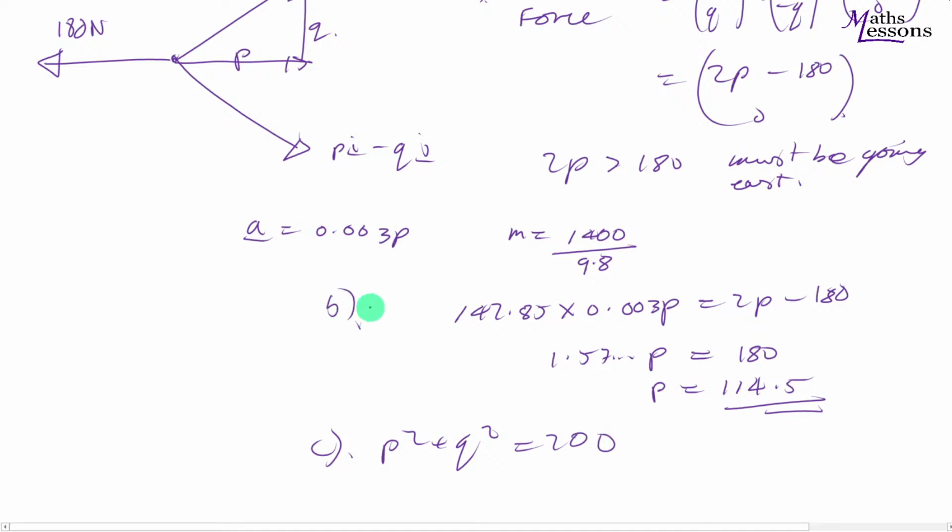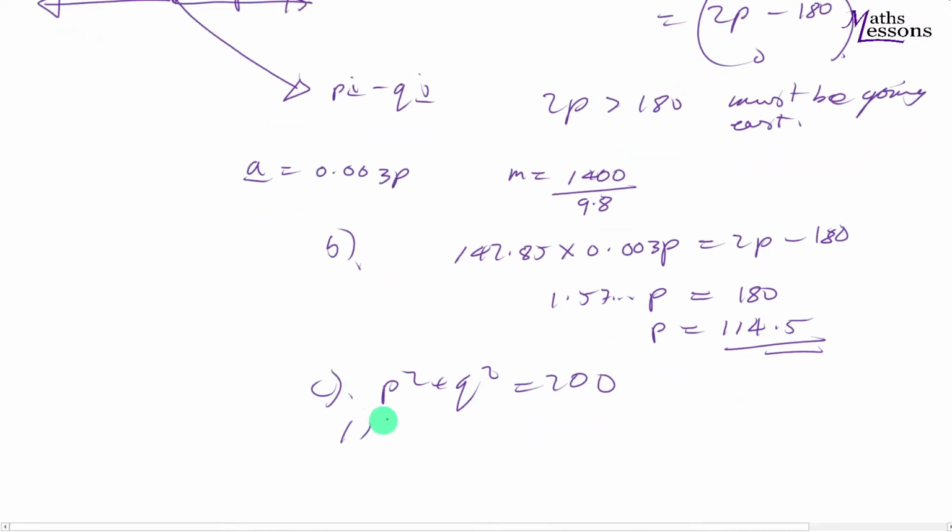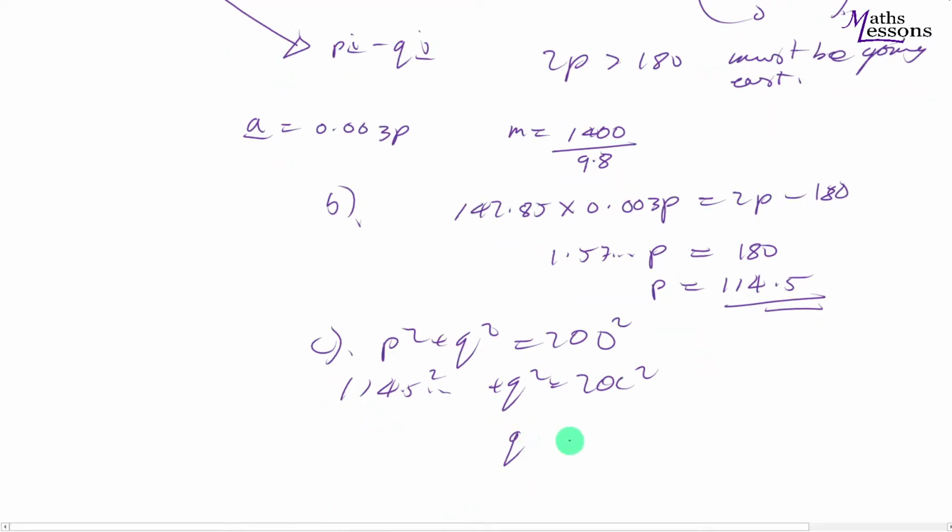This is my part B answer. So I've got 114.5 and all the rest of it squared, plus Q squared equals 200 squared. Sorry, I didn't write 200 squared there. Solve that, which I'm sure as an A-level mathematician you'll be able to do without too much difficulty, to get 163.9, looking at my answer that I wrote earlier.